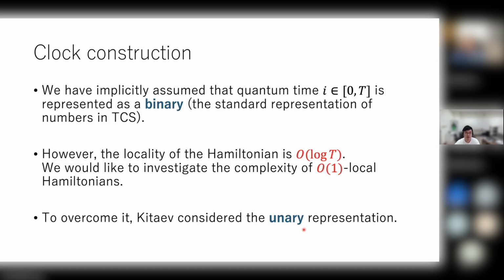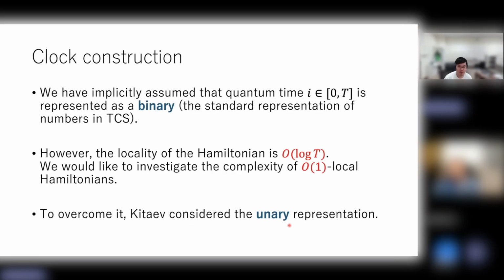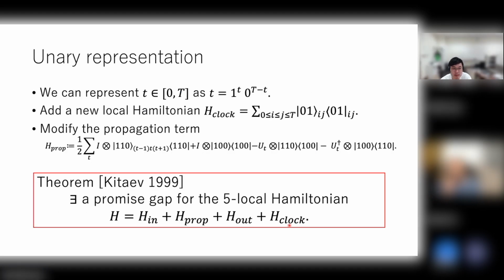And when we want to consider a physical Hamiltonian, we want to consider a constant local Hamiltonian. To prove the hardness of constant local Hamiltonian, Kitaev considers the unary representation of the time. In the unary representation, t is represented as 1^t. Kitaev also introduced this H clock term, which gives some energy penalty for invalid time representation.